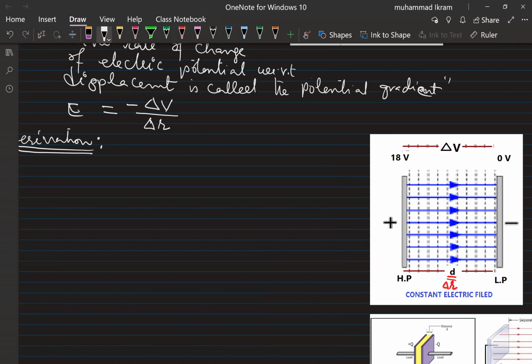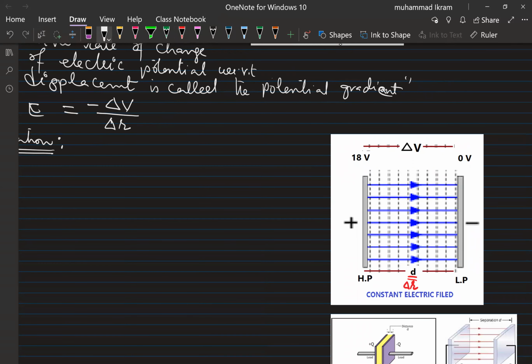So, by the definition of work done, I want to move a positive charge Q naught like this from this point against the direction of the electric field. So if you want to move the charge against the direction of the electric field intensity, let me make it like this, positive charge Q naught.